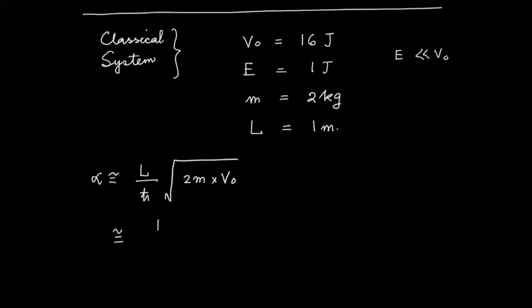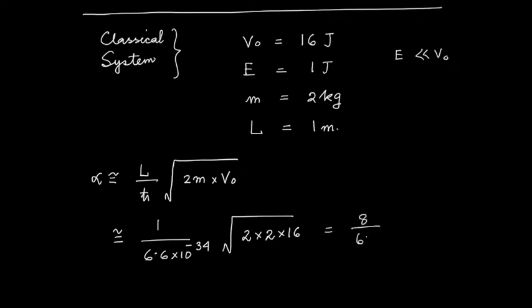L is 1 meter. h cross is 6.6 times 10 to the minus 34. Inside the square root, I have 2 into 2 into 16, since V0 is 16. That gives me 8. So 8 by 6.6 times 10 to the minus 34.